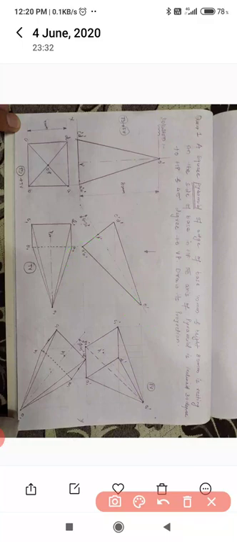But O dash A dash comes on the outside of this figure. So you have to draw according to the rule a dark visible line, because we know that when it comes on the outer part of the figure, you have to draw it with the dark, visible line.